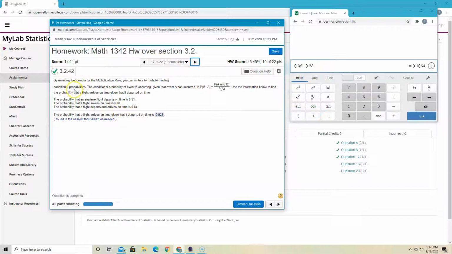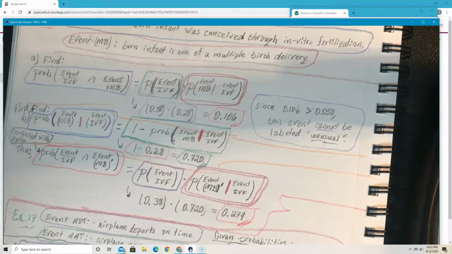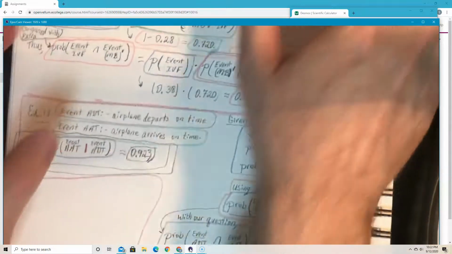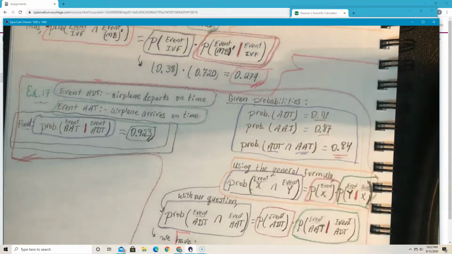And here we go. They give us some events. One of the events is the airplane departs the airport on time. I just made up a name, event ADT, airplane departs on time.